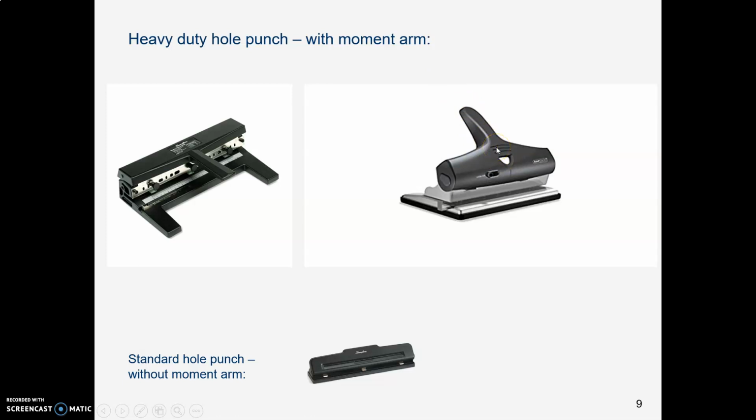So you take your same hand that you used before, but you push some distance away from that axle, and now you can apply greater moment and you can punch more pieces of paper.